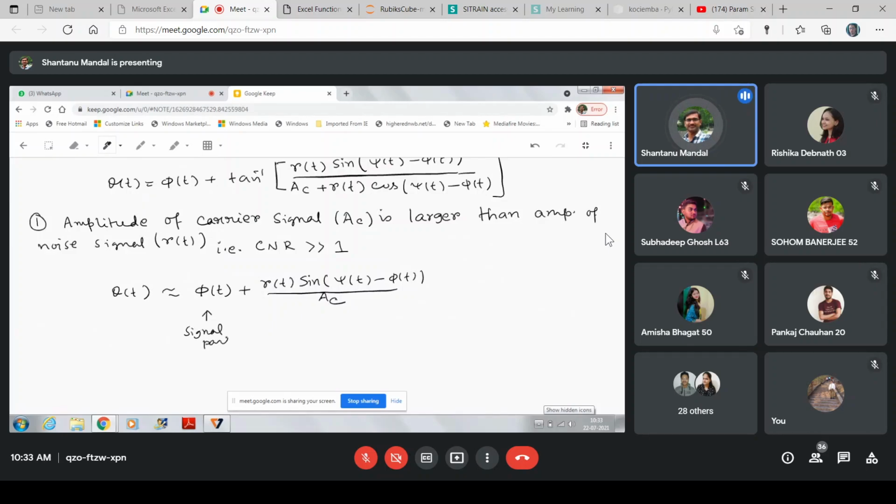This is for the signal part, because phi t contains the message signal, and this is the noise part. So inside the noise part, the signal part is also included.